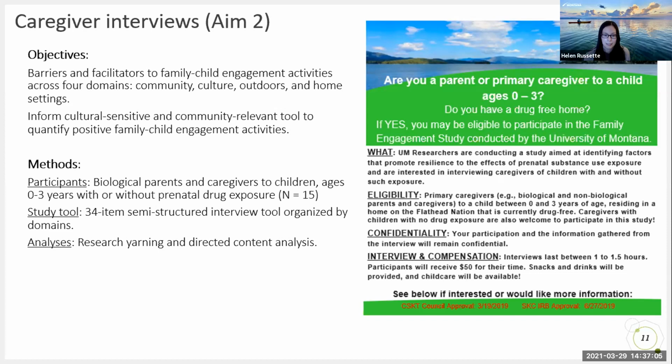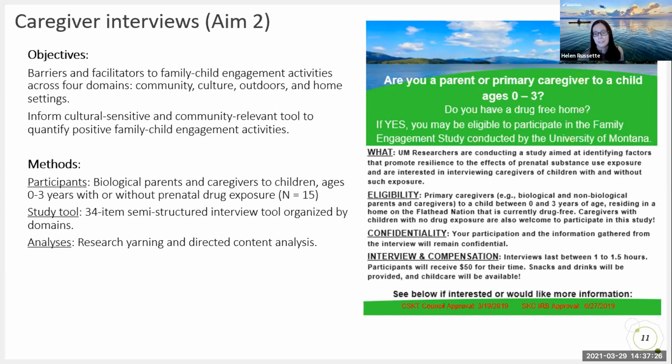We created a 34-item semi-structured interview tool that was organized by domains. And for analysis, we utilized research yarning and directed content analysis to collect unique stories and to identify common activities, barriers, and supports respectively.